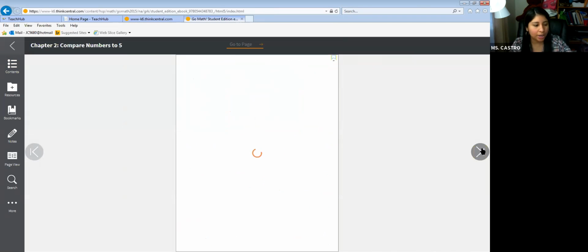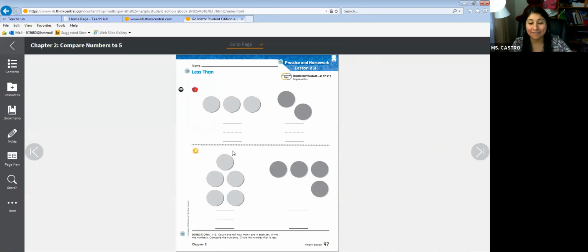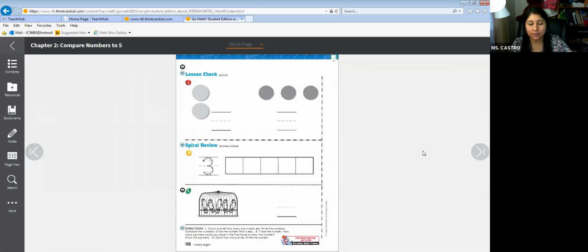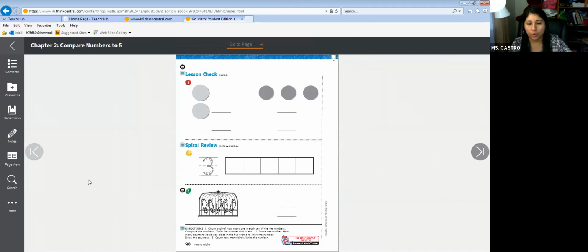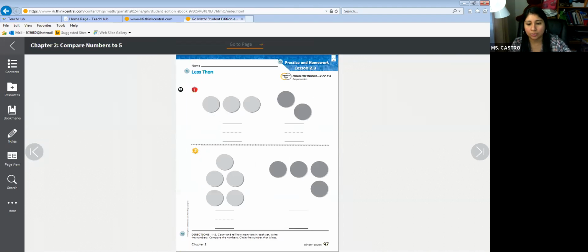So on page 97, you're counting and labeling both sets of counters. Then you're going to write the numbers on the line, and then you're going to circle the number that's less. Remember, it's the number that's smaller, that doesn't have that many. That's what less is, okay? Then on the back, you have a review of everything that you've learned so far. So it's page 98. So both pages 97 and 98 are what you're going to work on today on tonight's Google Classroom assignments, okay?